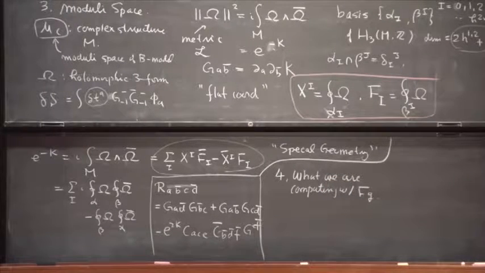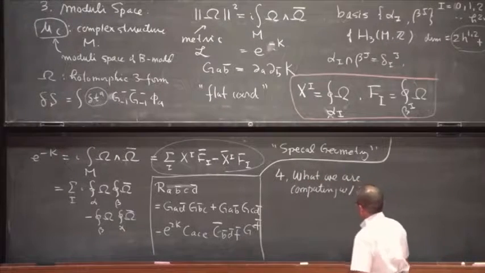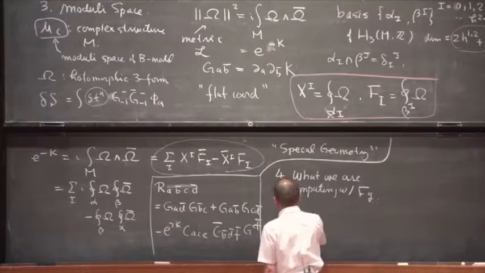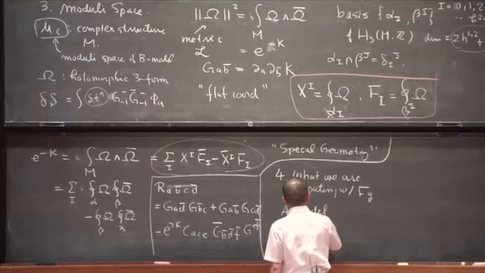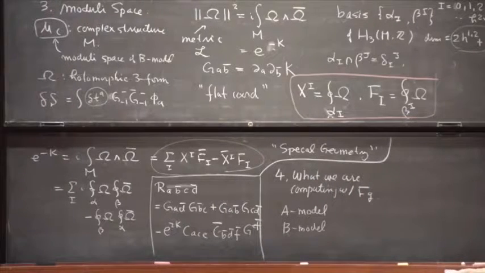So I have already told you that, by the way, first I should tell you the following things. I'm going to tell you this for both the A model and the B model. And B models are easier to describe because these are rather classical objects. And the A model contains quantum corrections.